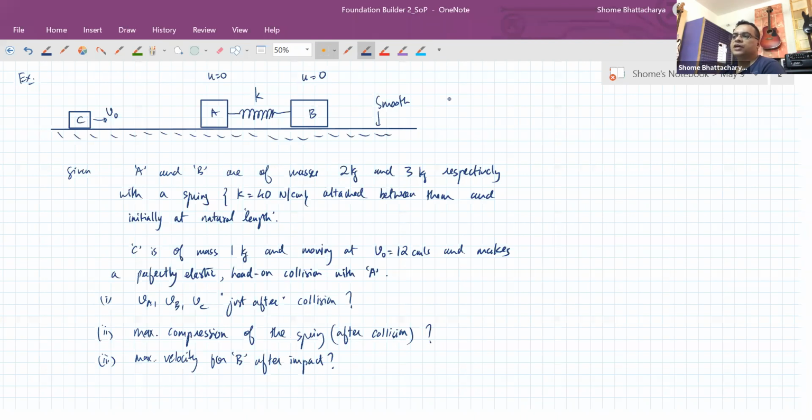The collision happens very fast, within a microsecond or two. So the spring does not have time to compress during that small interval of the collision. So it is just like an independent collision between two blocks C and A. Okay, I'll explain in detail.